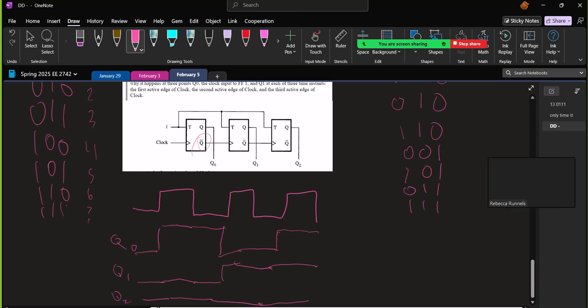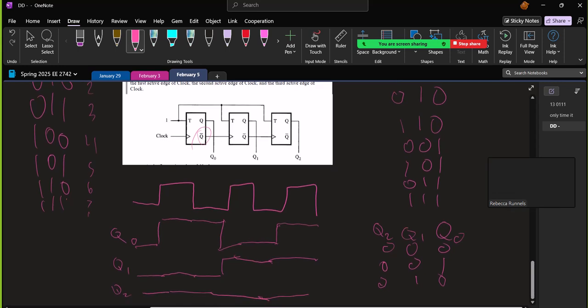So let's see what numbers these are. I'm going to write them Q2, Q1, Q0. We started at 0, 0, 0. Then at this clock we got 0, 0, 1. Then at this clock we got 0, 1, 0.